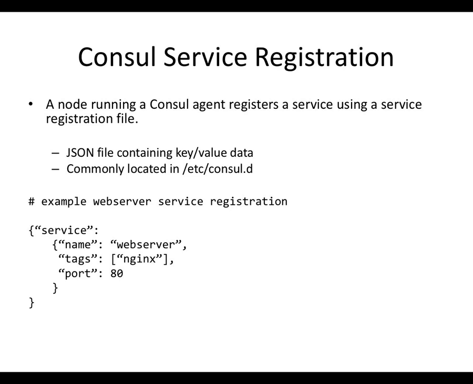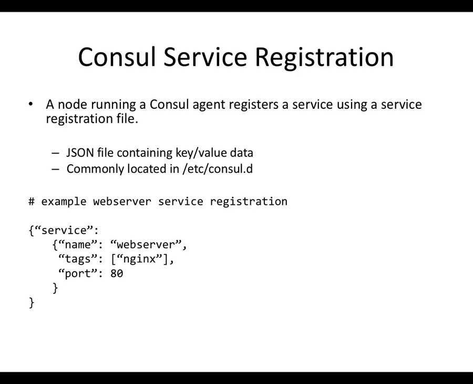Here's an example in Consul where a system that's running a Consul agent is registering a new service. This is an example of a web server. I have an EC2 instance, and I've got the Nginx web server installed on that instance. I've also got the Consul agent. The instance starts up, and the first thing it does is send this service registration to one of the Consul servers.